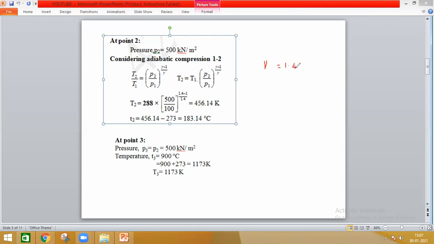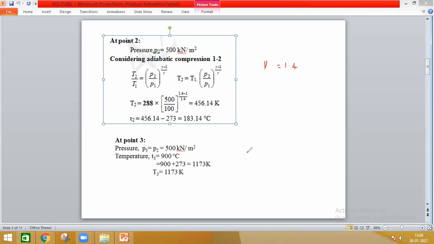We substitute the value 1.4 here, that is 1.4 minus 1 divided by 1.4. So we get the T2 value: T2 is equal to 456.14 Kelvin. In terms of degrees Celsius, if you want, subtract 273 from this, and we get 183.14 degrees Celsius. Clear?